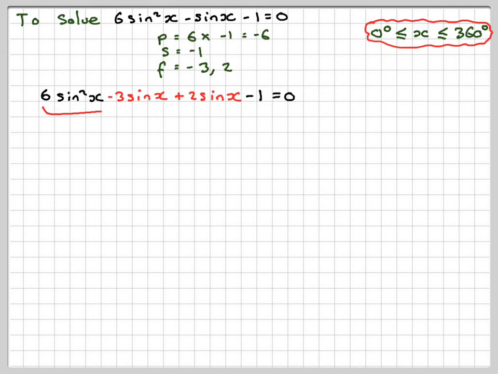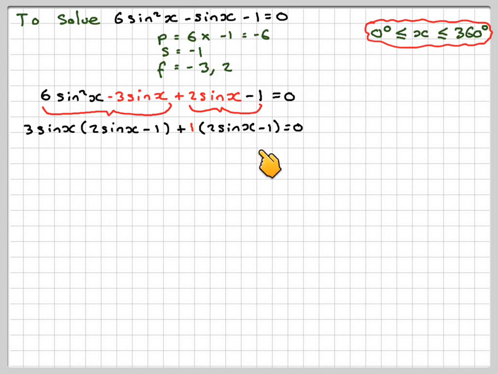Then we group the first two terms together, take out the highest common factor, which is 3 sine x, and we're left with 2 sine x minus 1. You can just check that by multiplying back in again. Bring down whatever sign is here, which is plus. Group these two together. There is no common factor, so we say the common factor is 1, and write down 2 sine x minus 1, and it's still equal to 0.